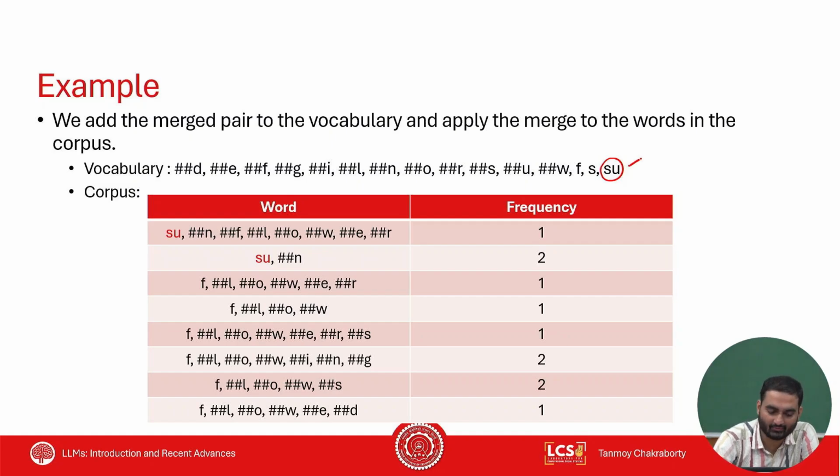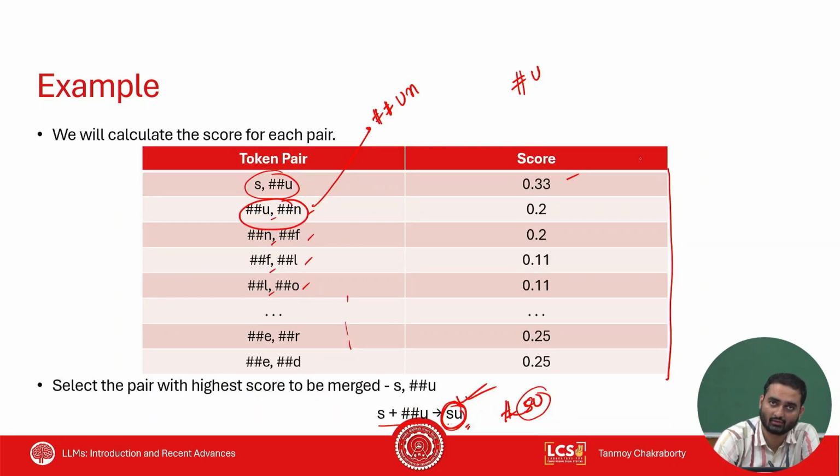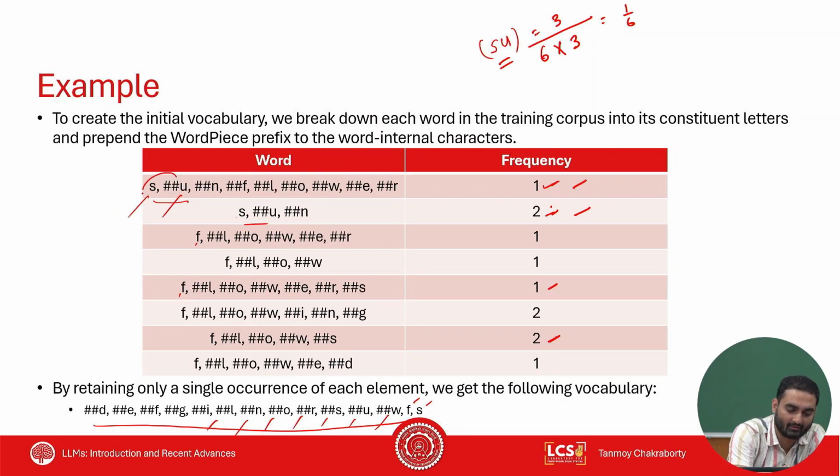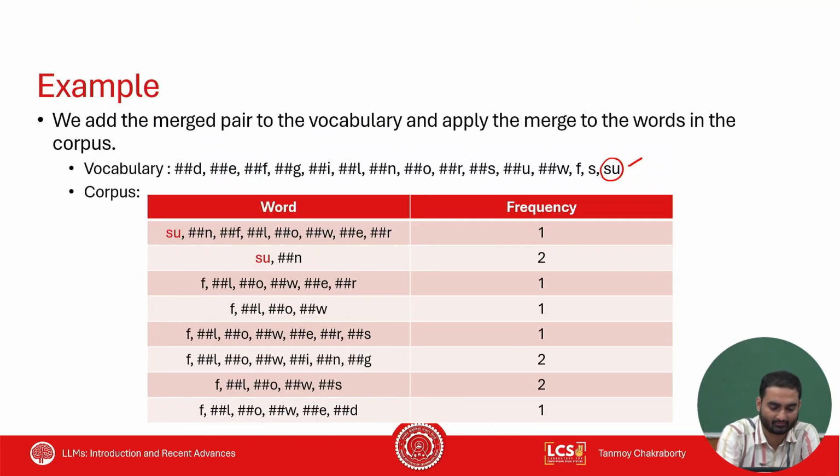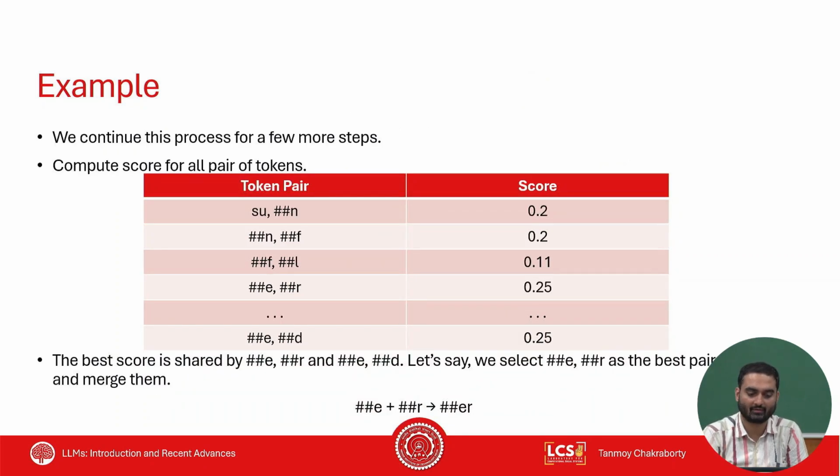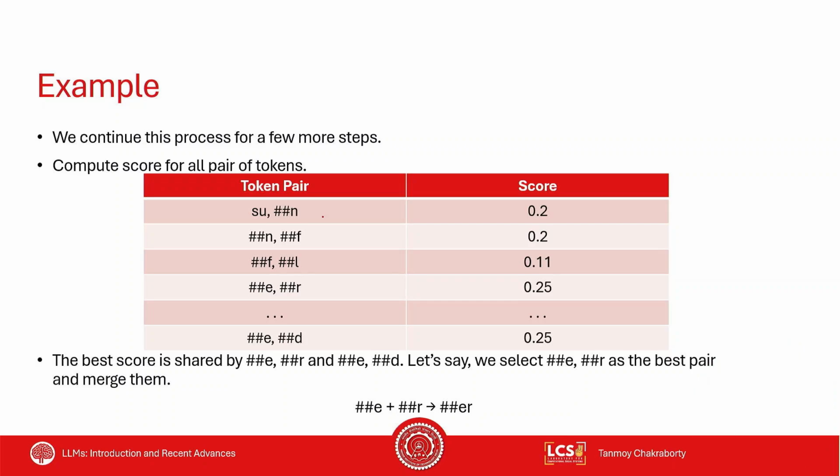Once this is identified, again similar to BPE, I replace all S ##U by SU. All appearances of S ##U will be replaced by SU, and so on. Okay, so this is my modified table. Again, on top of this, I apply the same set of rules: bigram combination, trigram combination. You see here, these are trigram combinations, these are bigram combinations. And let's say in this case there's a tie, so we can break the tie by choosing one of them.